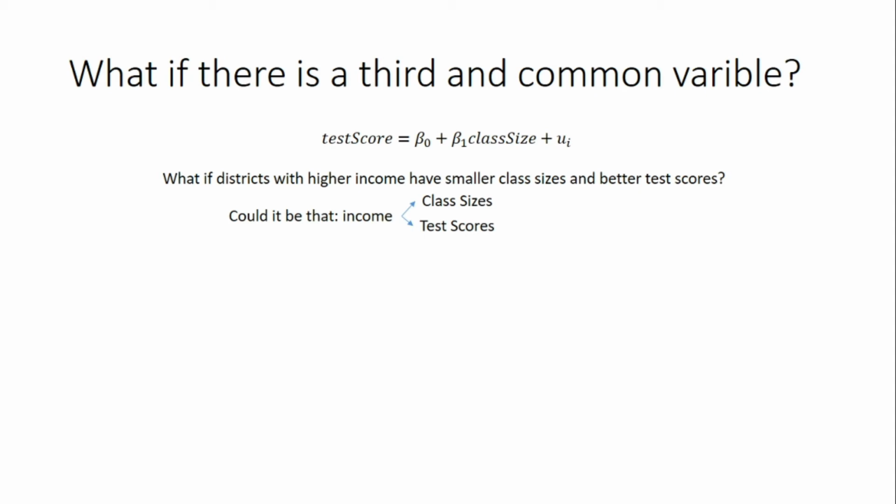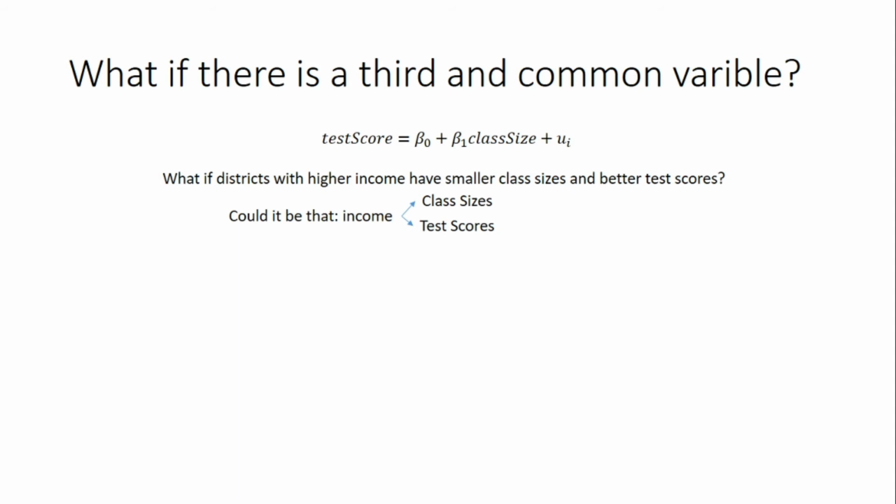So, for example, what if districts with higher income have smaller class sizes because, let's say, parents are very happy to pay for private schools with smaller class sizes, and also those same districts with higher income levels have better test scores because parents take their kids and put them in after school classes and ensure they have best access to resources and materials and so on.